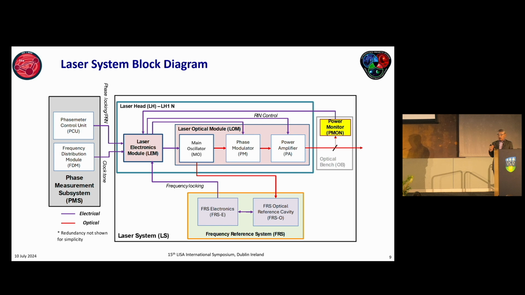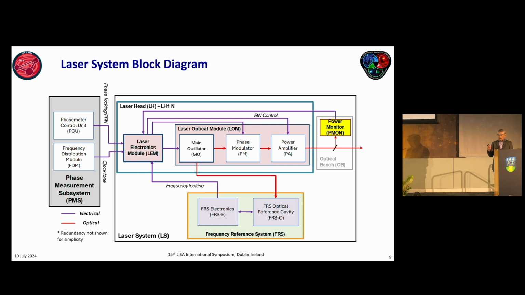And here's a very brief block diagram of how the laser interfaces with the spacecraft, with the phase meter. You have a laser electronics module that interfaces with the phase measurement system, and that is the main interface to the laser head itself or the laser system, and the laser electronics module interfaces with the FRS electronics, and some part of the main oscillator light is coupled into the FRS optical cavity for frequency locking.